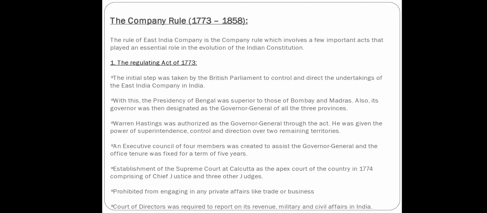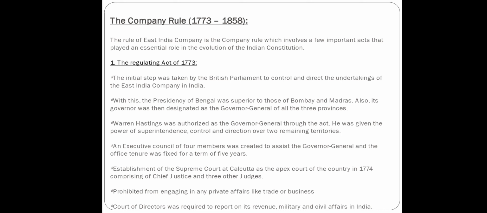So they established presidencies there. They made Bengal the center of their activities and put that presidency over the presidencies of Bombay and Madras. Also, they were actually ruling through the governor.